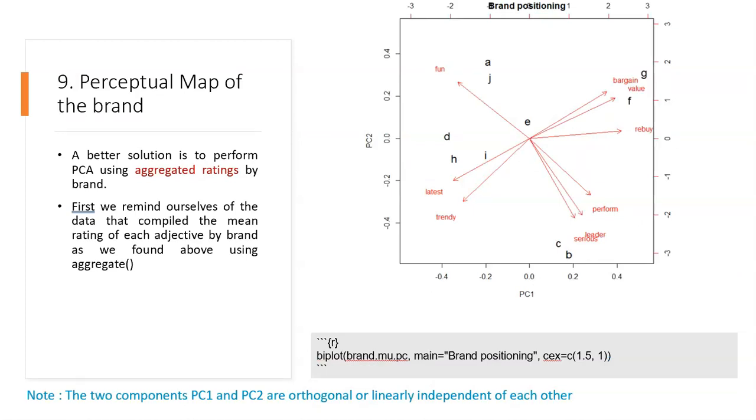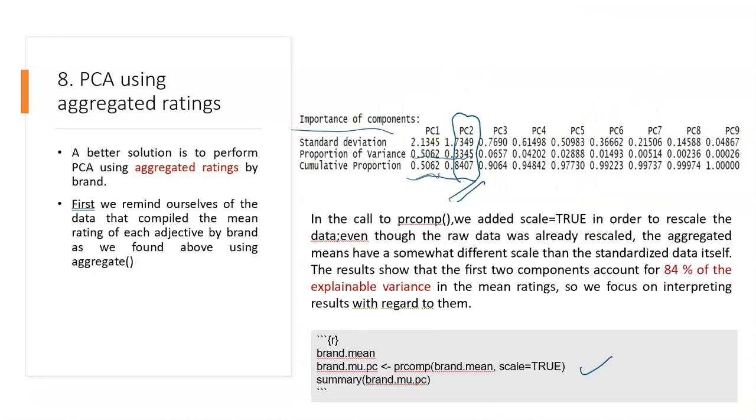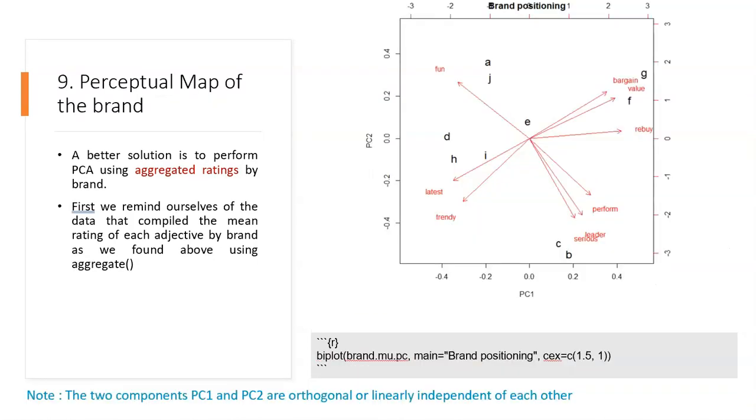It's just a biplot of brand.mu.pc, the principal components, and you can arrive at such a plot.